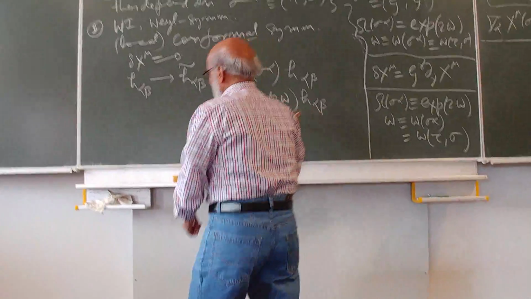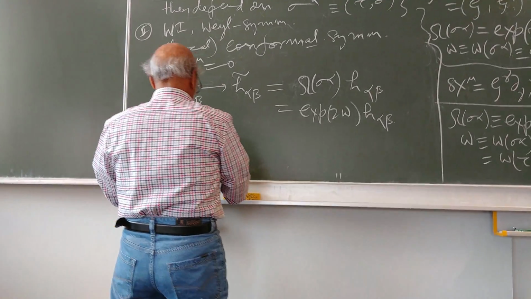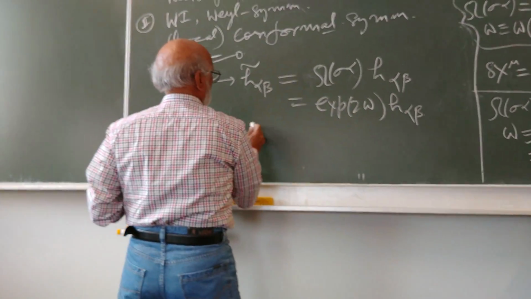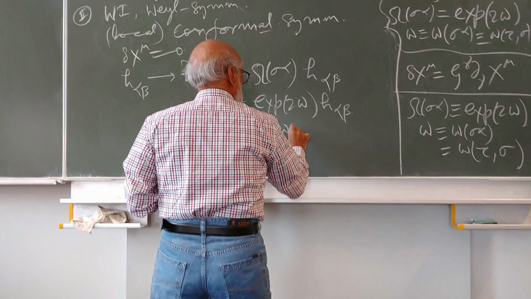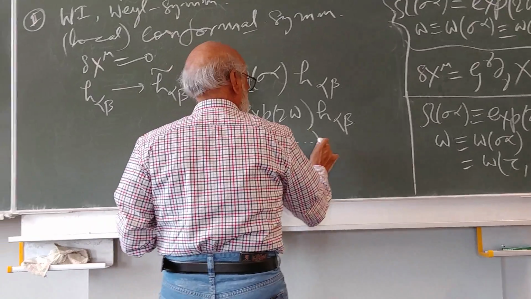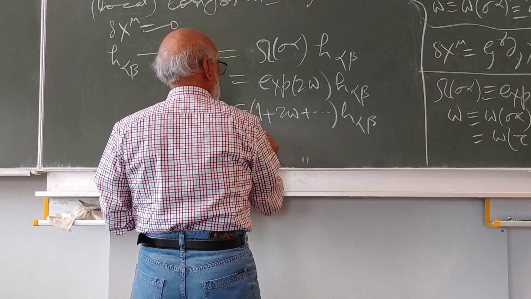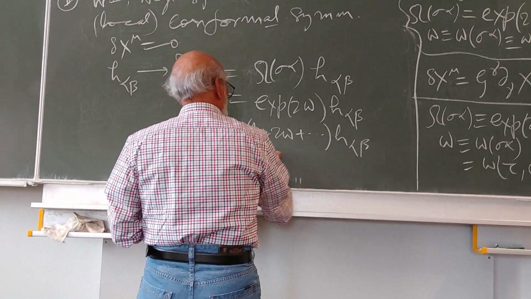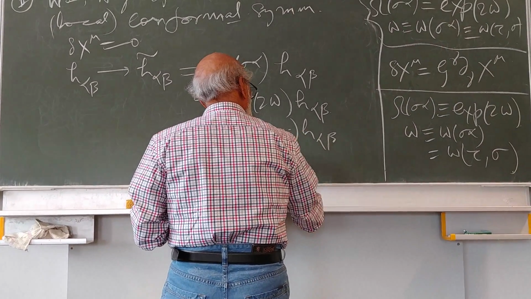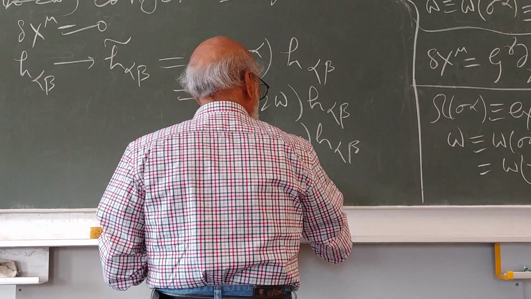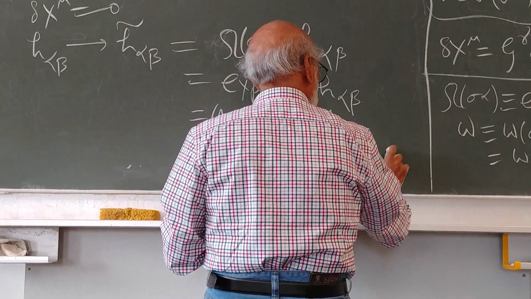Now I could expand this, and if I write it as exponential of 2 omega, I could write it as 1 plus 2 omega plus higher order terms times h alpha beta, and this I could write as h alpha beta plus 2 omega plus higher order terms.